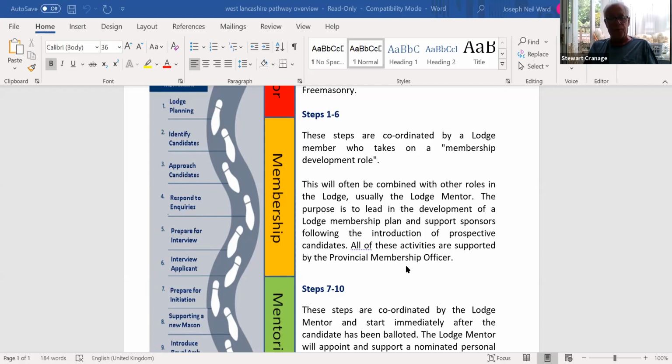And the important thing is, and this picture that Neil has just put up is very important for me, because as a province, we have seen lots of initiatives. So we've seen ambassador, we've seen membership, we've seen mentoring, we've seen retrieval. These all sit very neatly under the Pathway Initiative, which is a guideline.